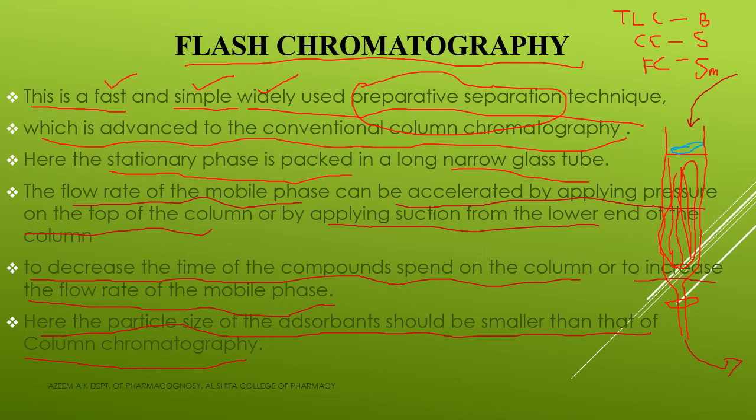Here the stationary phase is packed in a long narrow glass tube, and the flow rate of the mobile phase can be accelerated by applying pressure on the top of the column or by applying suction from the lower end of the column. The purpose of this pressure or suction is to decrease the time of contact between the compounds and the adsorbent, and also to increase the flow rate of the mobile phase. And here the particle size of the adsorbent should be smaller than that of column chromatography.